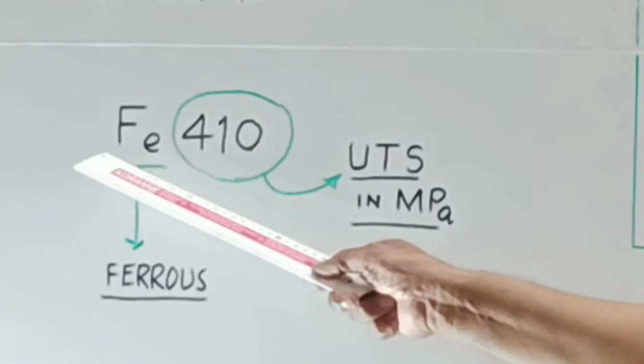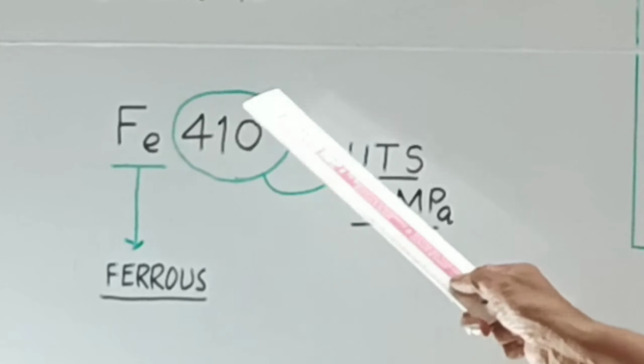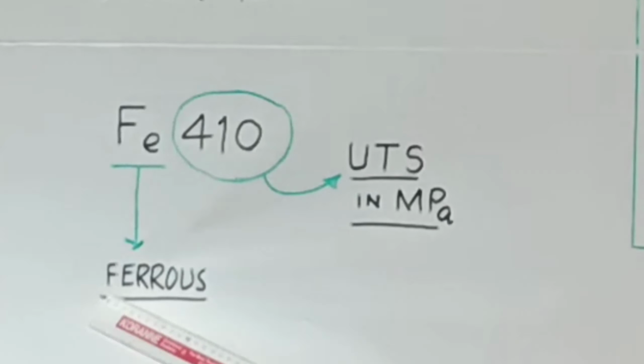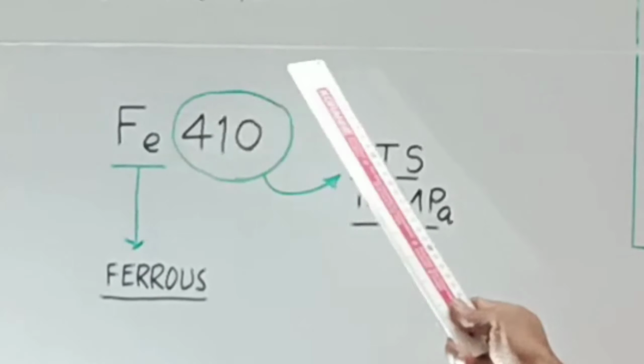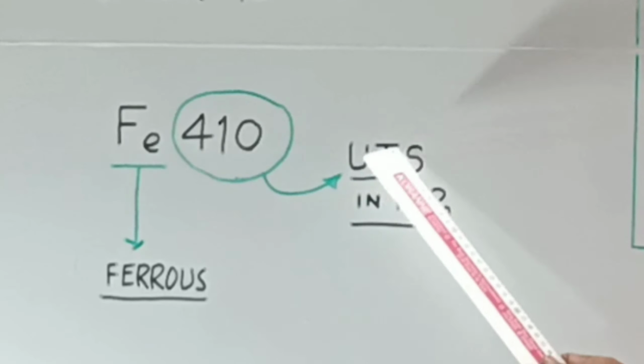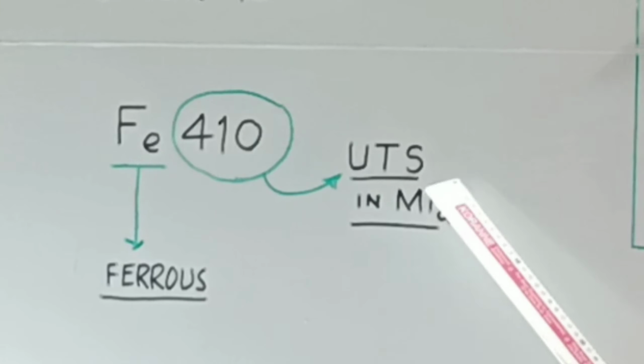So this is known as grade of steel, Fe410. Fe stands for ferrous and number after it stands for ultimate tensile stress in MPa.